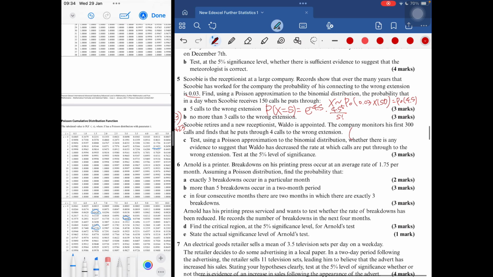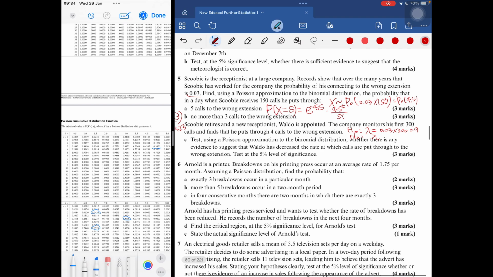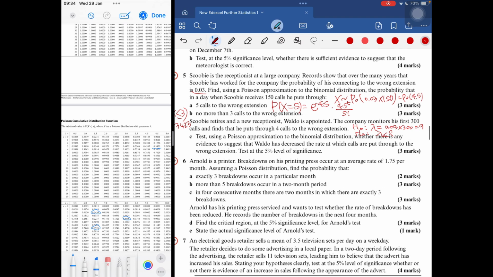Let's make the hypothesis first. So lambda is 0.03 times 300, which is 9. And HA is lambda decreased, so smaller than 9.